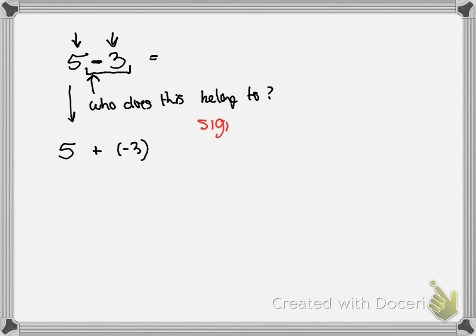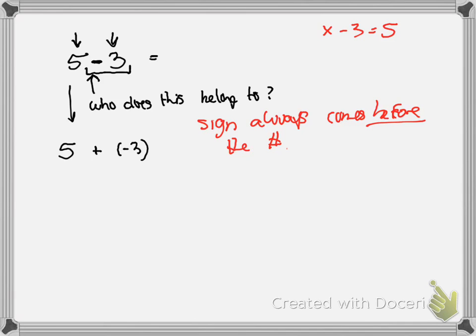And the sign always comes before the number. I see this very often when we get into solving one-step equations. So a good example would be, let's say I have x minus 3 is equal to 5.